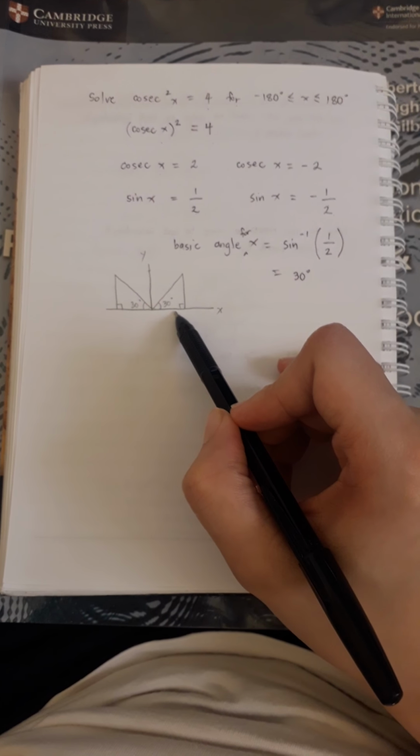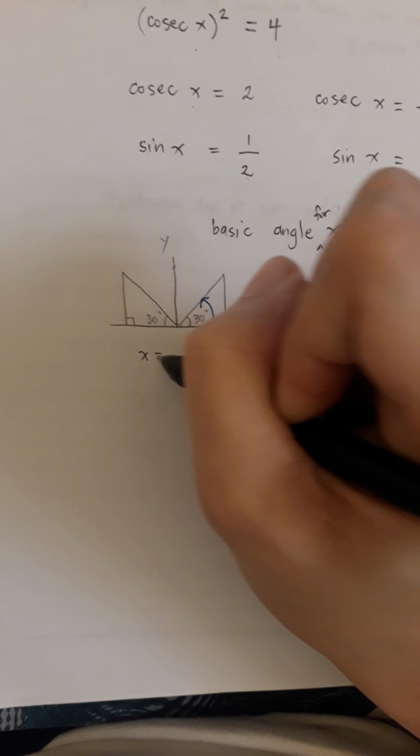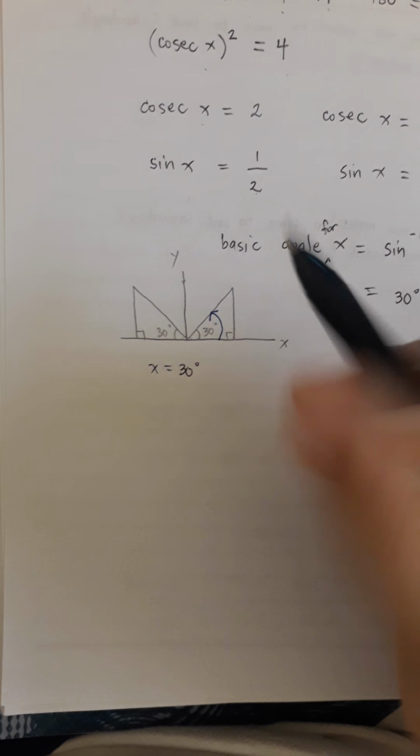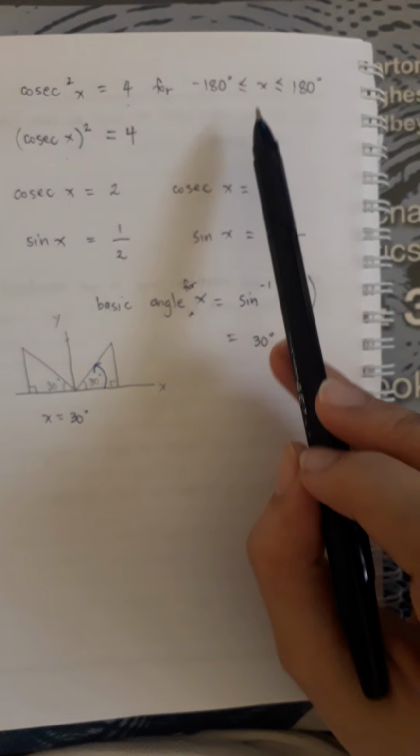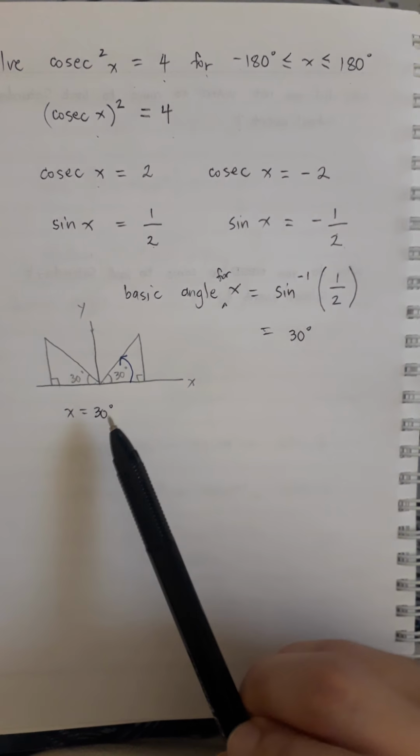So the first angle that we have is this angle right here, and that will be 30 degrees. Does it satisfy the given values for x? It does, so we can use that.